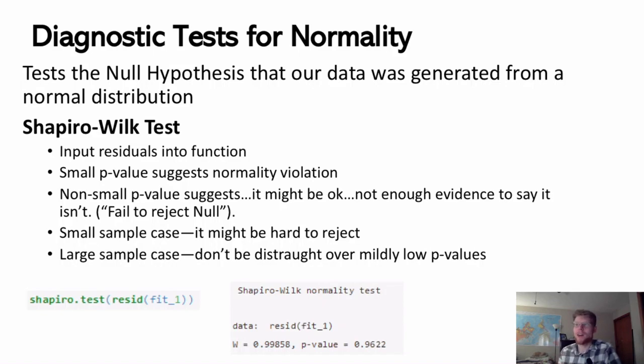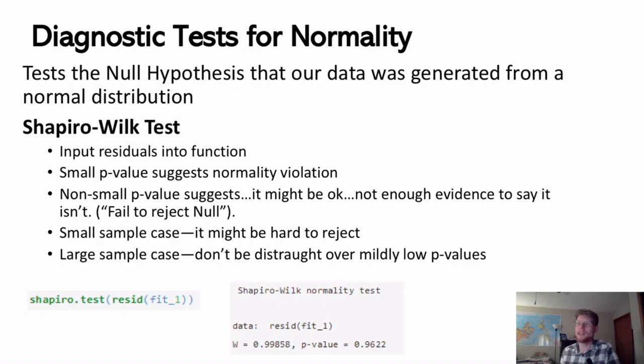Now, here's the thing about hypothesis testing again, and this is where we need to really remember this when we're doing these diagnostics. When we're working with small sample cases, it's going to be hard to reject, even if the normality assumption is false. If I only have 20 data points, I need to have some real abnormal residuals in order to have a low p-value here, because hypothesis testing is dependent on the amount of data I have.